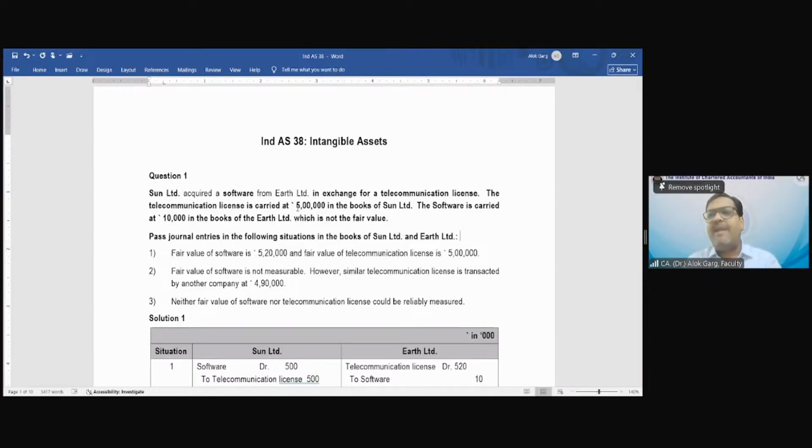If you paid through cash, you would measure the software at the price given, which is the fair value of the cash, and the fair value of cash is the cash price only.